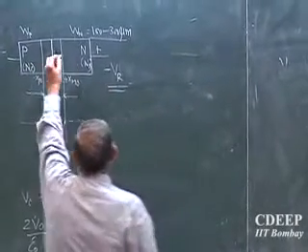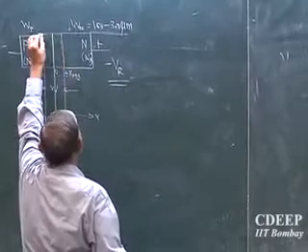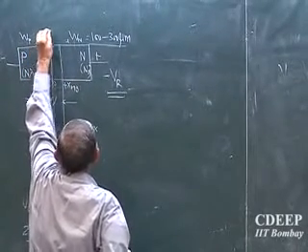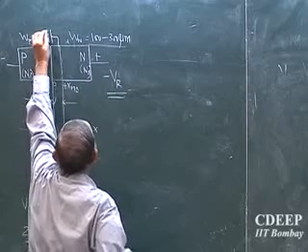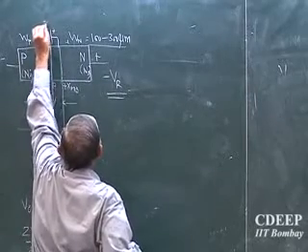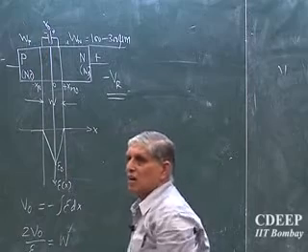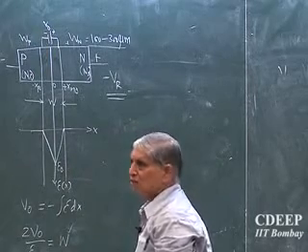Already there is a built-in field here, which is like this. This is our V built-in. You apply VR, which is in the reverse sense now.